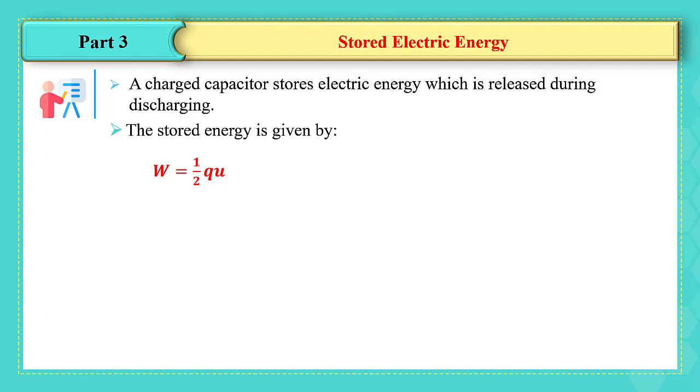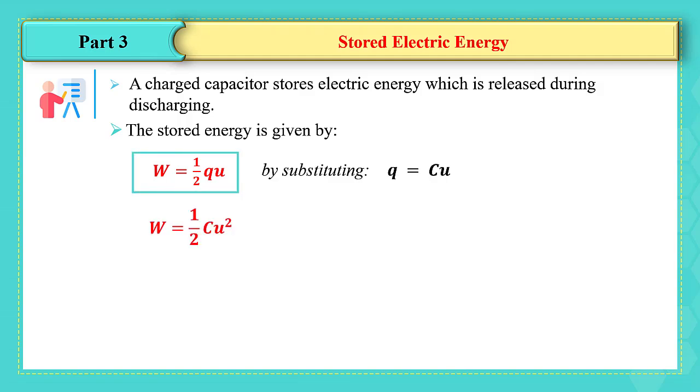This energy is given by the symbol W. Here we use a symbol W for the energy, which is equal to half Q times U. If we substitute in this equation instead of Q, CU, then we will get W is equal to half C U squared.